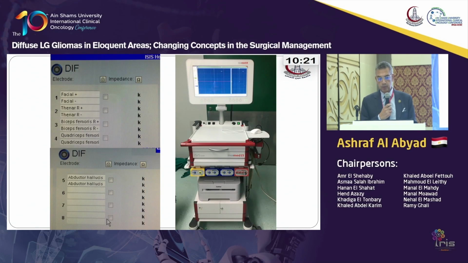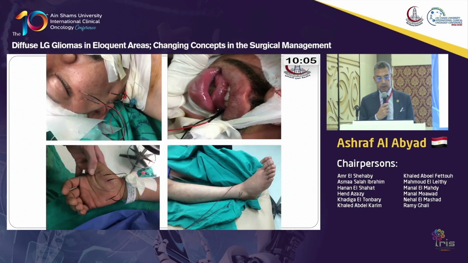This is the intraoperative monitoring system. As you can see, the first step, we choose the muscles which we are going to stimulate, usually in the contralateral side of the lesion. And we insert subdermal needle electrodes in these muscles, as you can see in the thenar, hypothenar muscle, tibialis anterior, facial muscles, and so on.